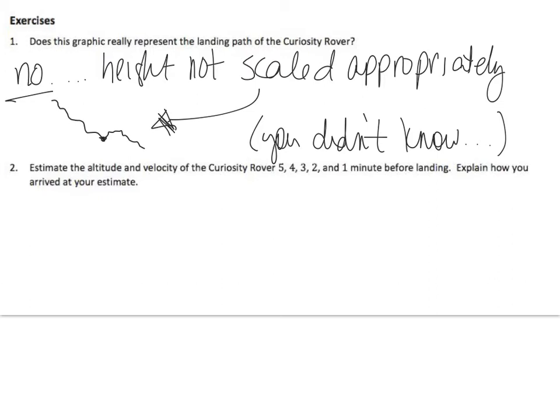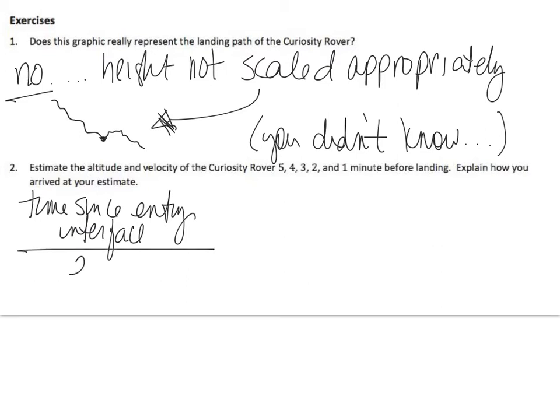Estimate the altitude and velocity of the Curiosity rover 5, 4, 3, 2, and 1 minute before landing. Time since entry is a great way to look at that. The time since entry interface. So 2, 3, 4, 5, and 6 minutes.